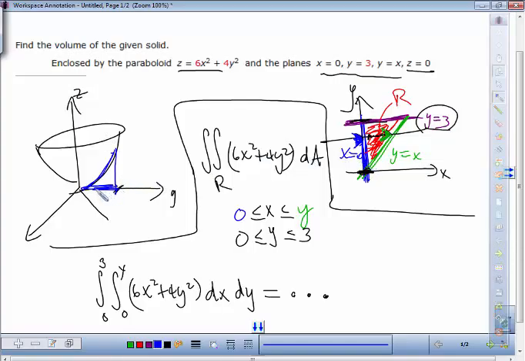So here's my x is equal to 0 plane that would intersect the xy plane and this graph. And then I'm going to draw my y is equal to 3 plane.